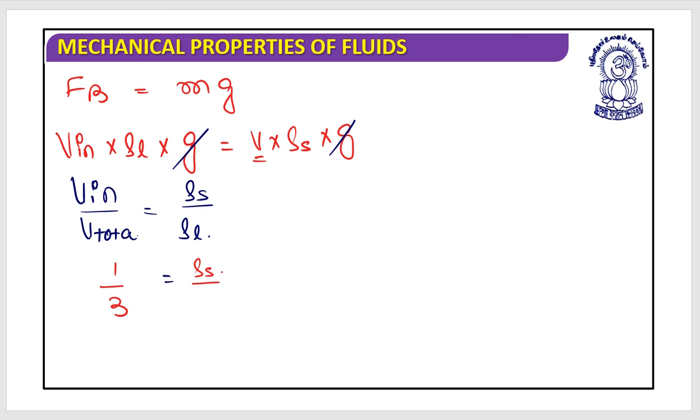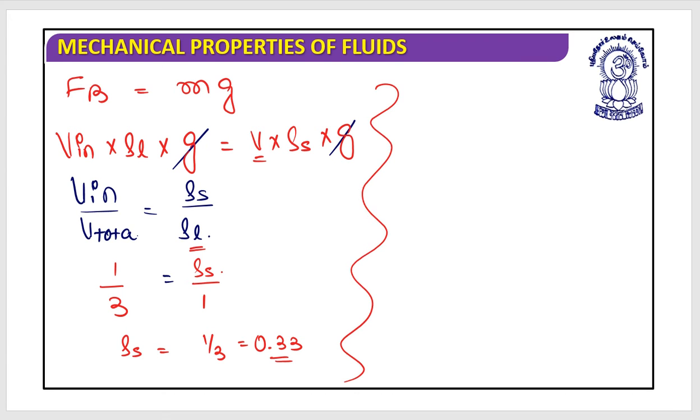Density of solid we don't know, density of liquid in this case is the density of water, 1. So density of solid is 1 by 3, or 0.33. Please do remember this: V in by V total equals density of solid divided by density of liquid. This is going to help us.